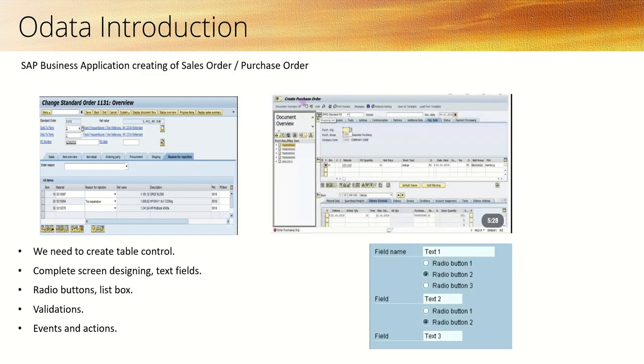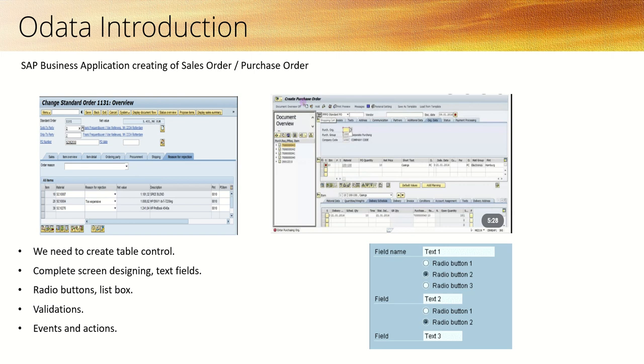Consider a business scenario where we want to create an application similar to the SAP standard sales order, purchase order. Here, the end user is going to use the SAP GUI as a front-end system. So if you want to develop any such application, here an ABAP consultant must know how to design a table control, how to do the screen designing, adding different fields, how to create radio buttons, how to add the text box, how to do the validations, how to add different events and actions into the program.